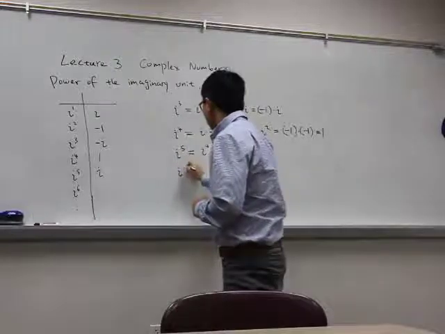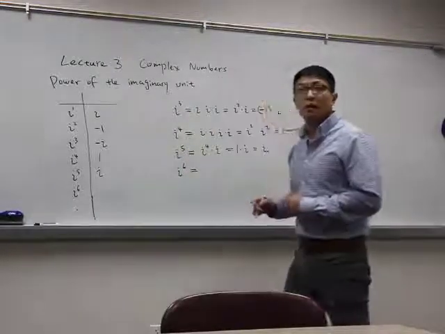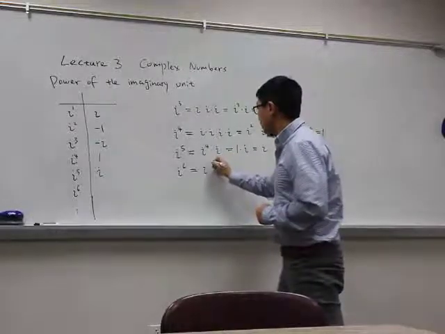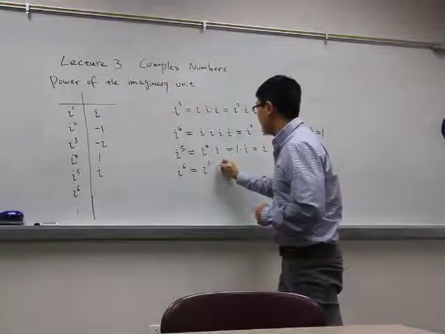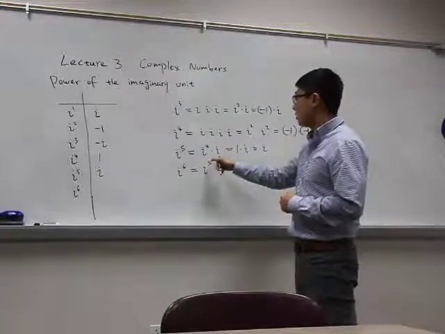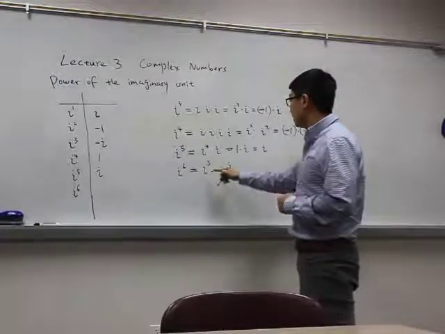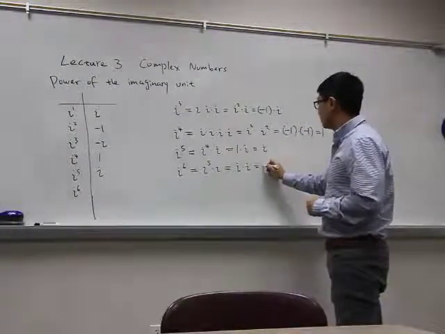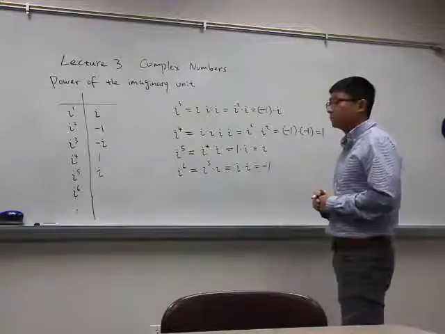And for i to the power of 6, if we do the same thing, we split this into i to the power of 5 times i. Since i to the power of 5 is i, this is i times i, which equals -1.